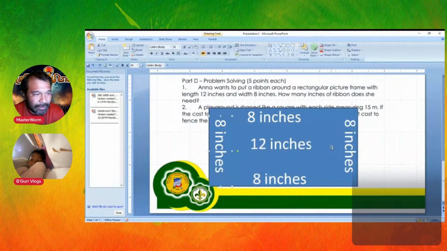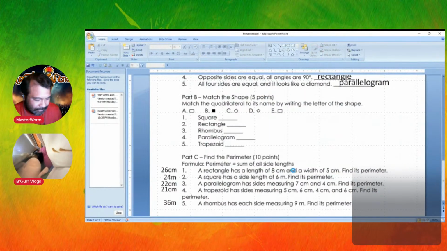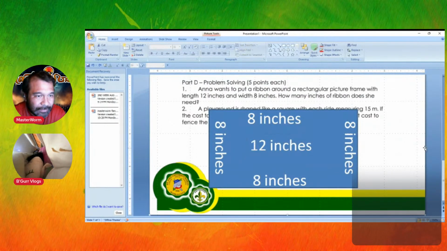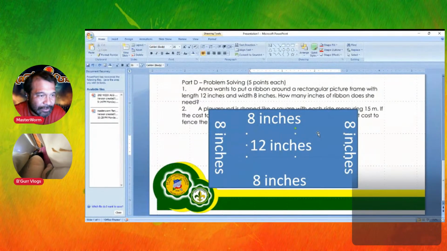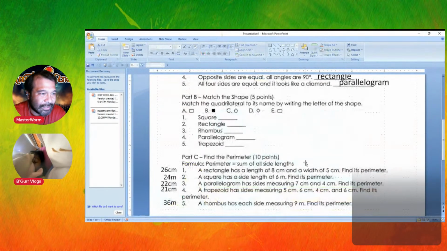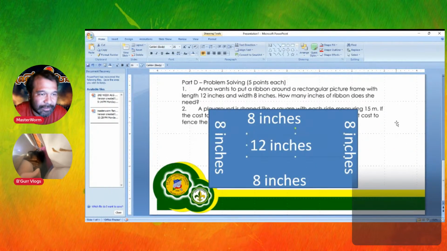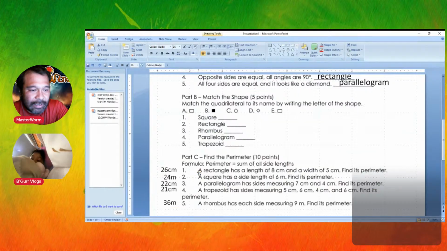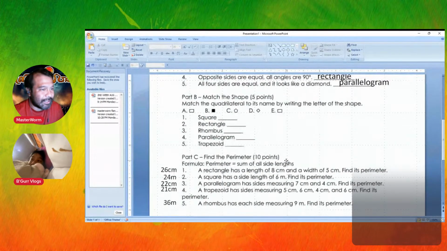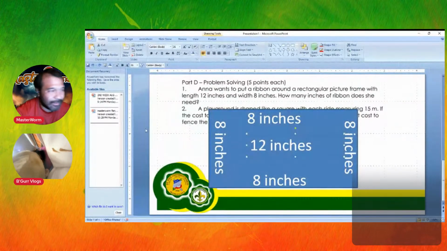But here, I want to ask you, just to make sure you understand. The square has 8. Okay, just want to make sure that you understand. So this 8, sorry.